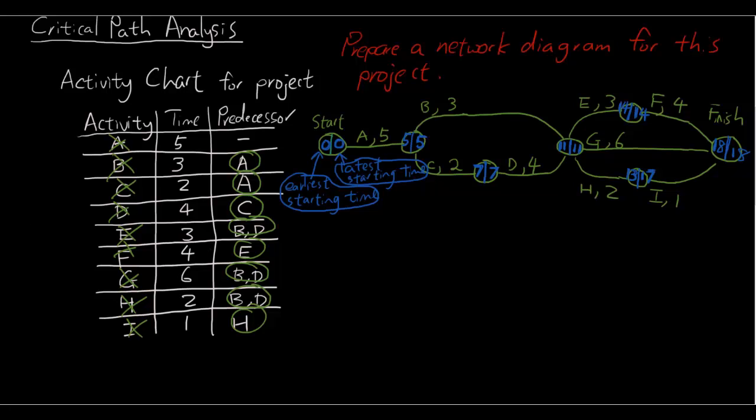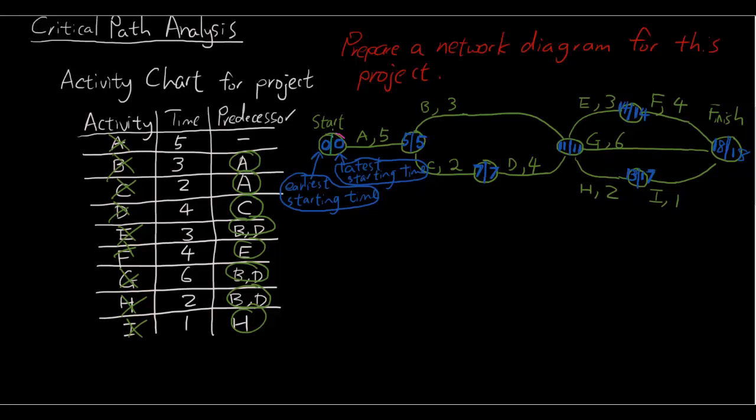And you will see that for this project we have a line from the beginning to the end, where the earliest starting time and the latest starting time have the same number. And I'm going to draw that line using a different color.